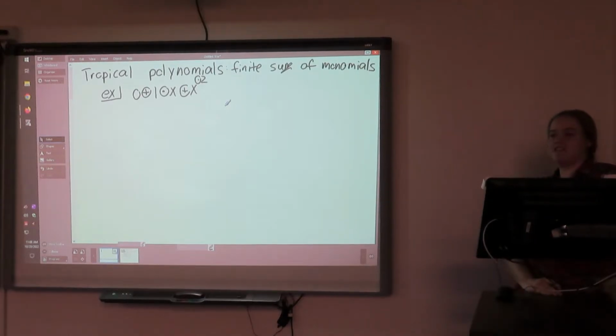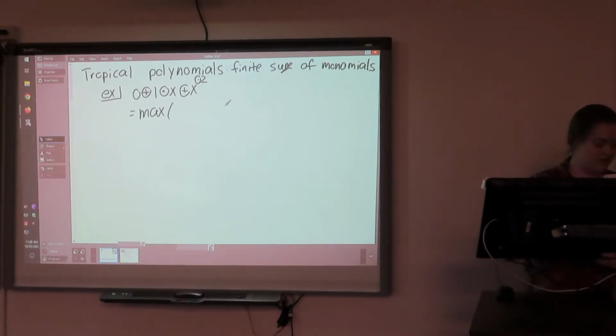You have to write 0 plus because 0 is not the additive identity, so it doesn't just go away. So this is the same thing as the maximum of 0, 1 plus x, and 2x.